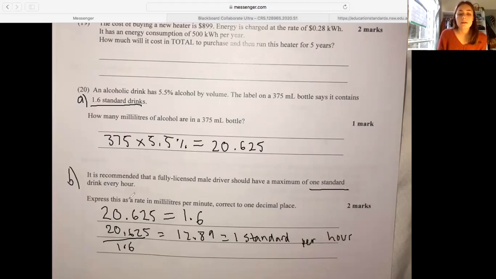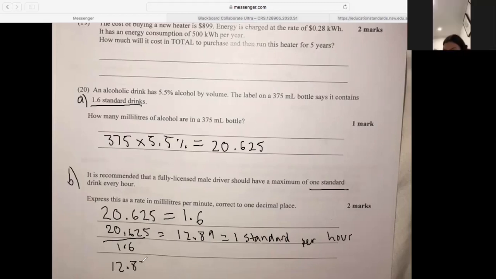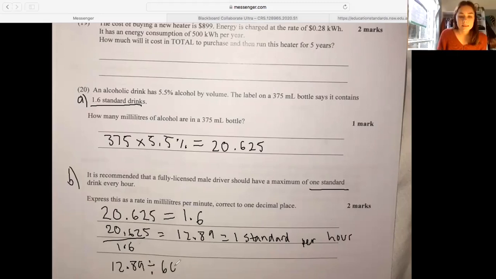And they want it as a rate per minute, so you just divide 12.89 by 60, I'm pretty sure, to get 0.2 milliliters per minute.